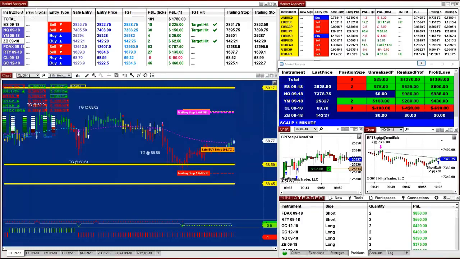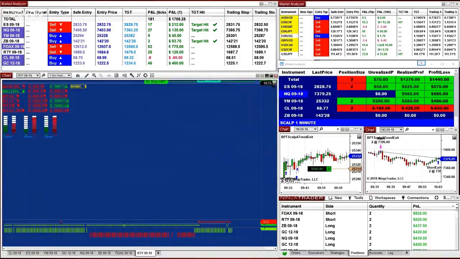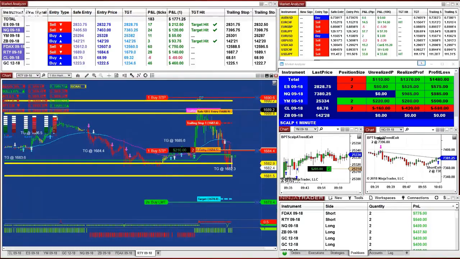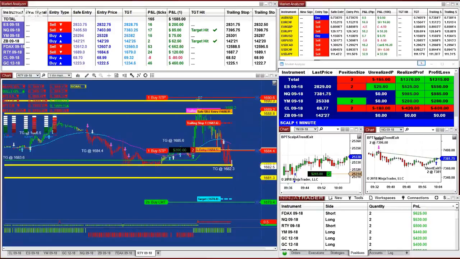For the ones who have not been here before, we are showing three different automated systems, and all three do not require tweaking, optimization, none of that.